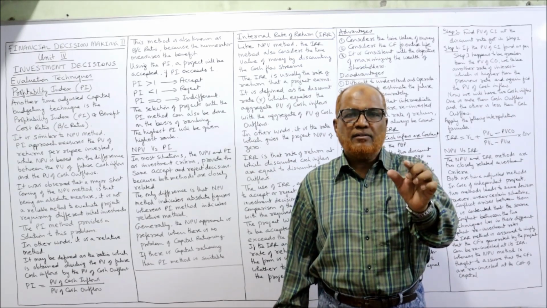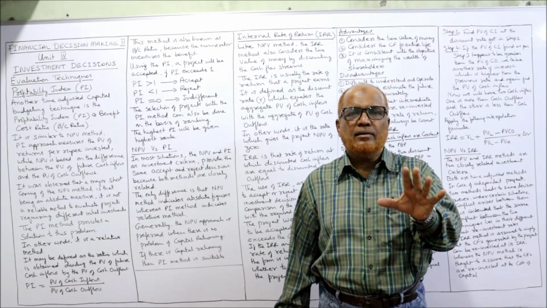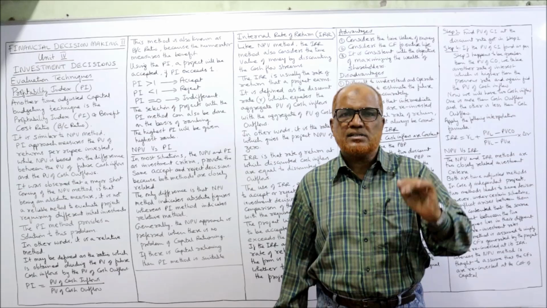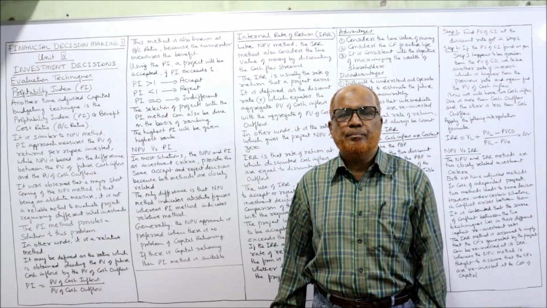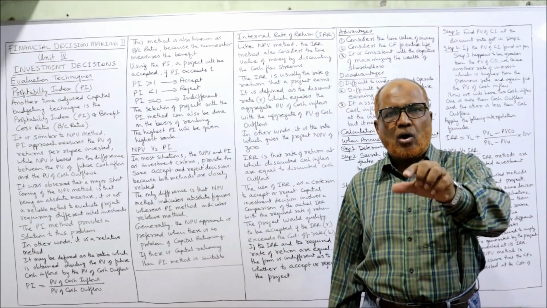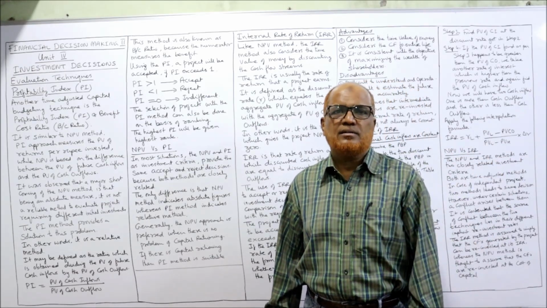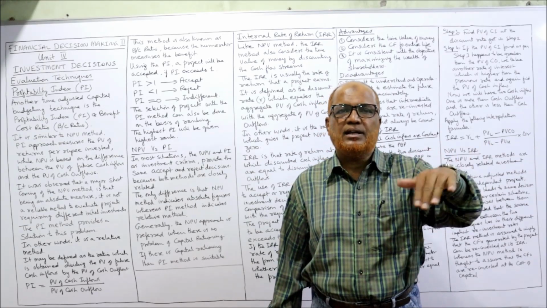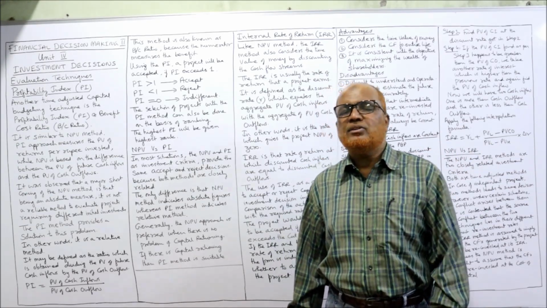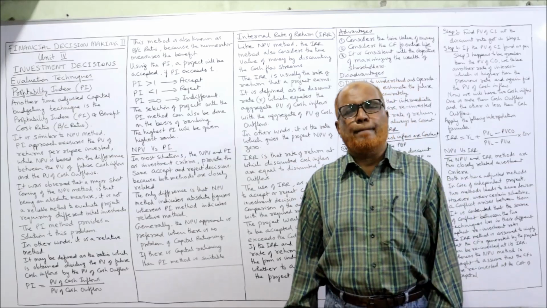So this method will be suitable only when the lives of the projects are the same and the investment cost is the same, but in reality the costs of the projects are different. When the initial investments of different projects are different, then the NPV method is not the right criterion.